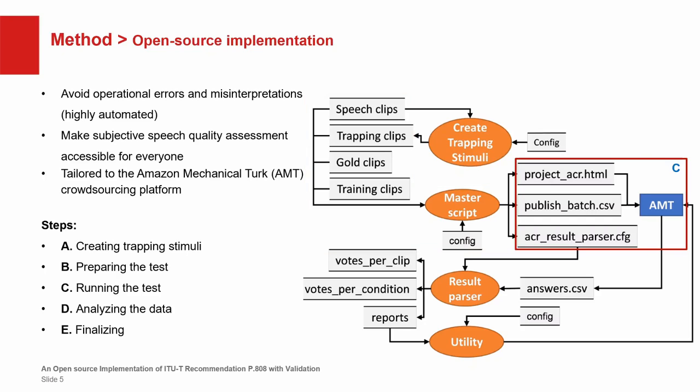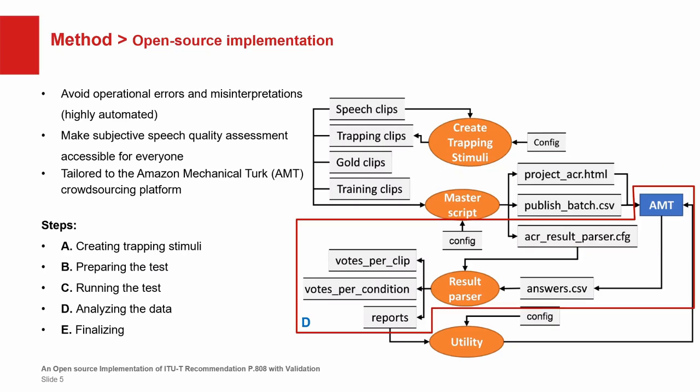The next step is to create a project in AMT using the HIT app and publish a batch for that project. AMT will create instances of the project and make them available for crowd workers. When all assignments are finished by crowd workers, you can download the responses in a single file and run the result parser script.